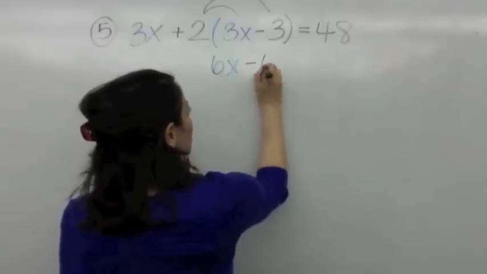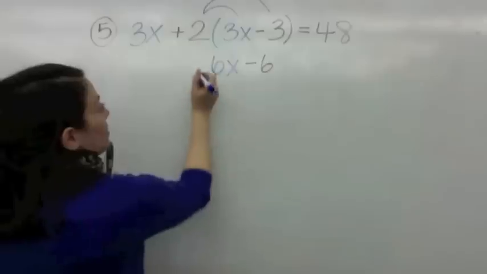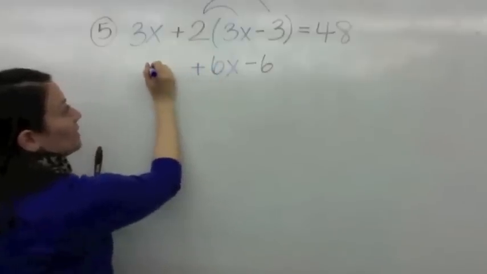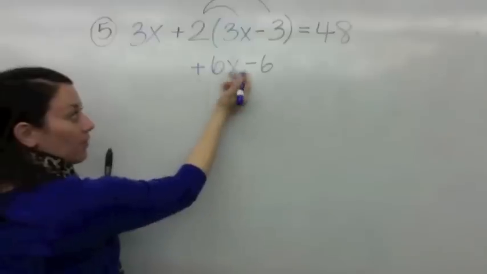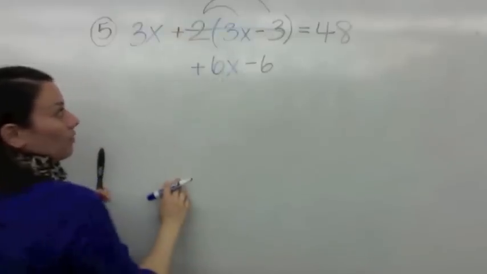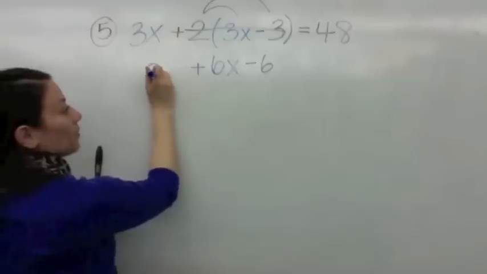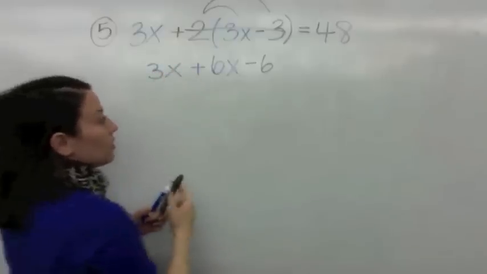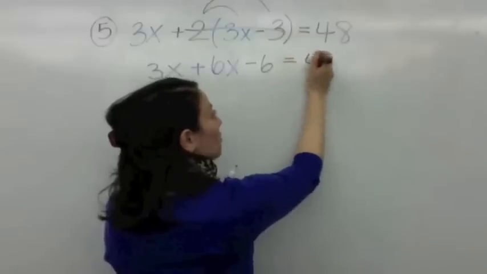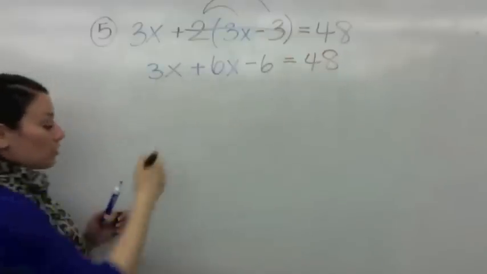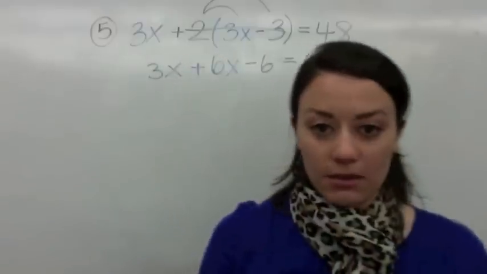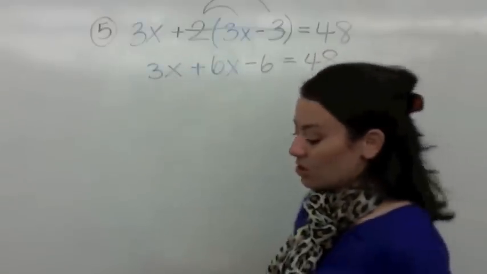So we have a negative 6. Okay, so remember, this is positive 6x. We're going to bring down now. See, now once you have distributed, that goes away, okay? So now we're going to bring down the 3x, and we're also going to bring down the equal sign with the 48. You have 2 terms that are alike, yes? They both have x, so what do you have to do?